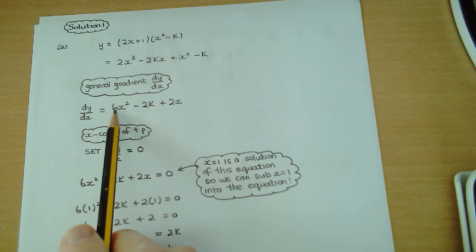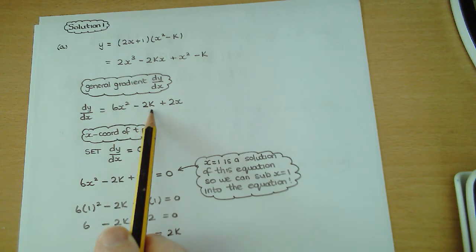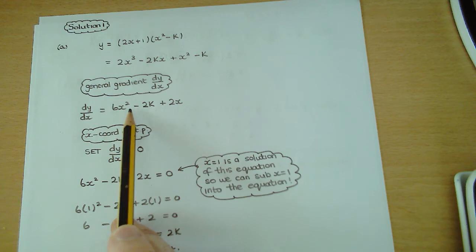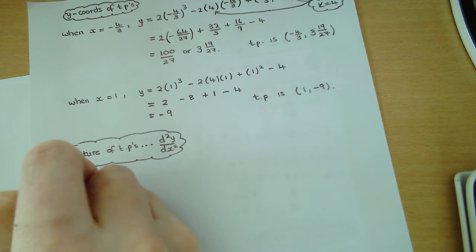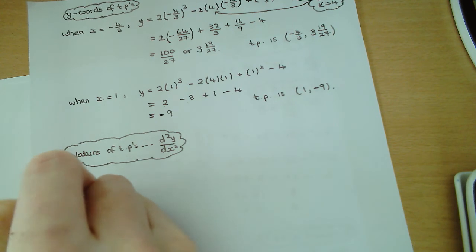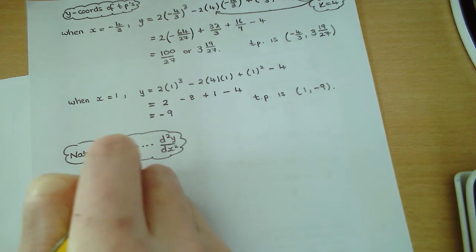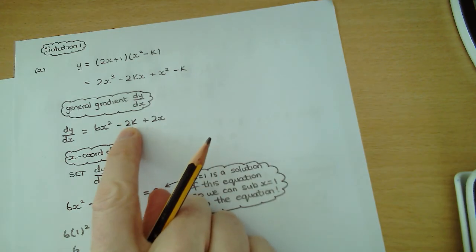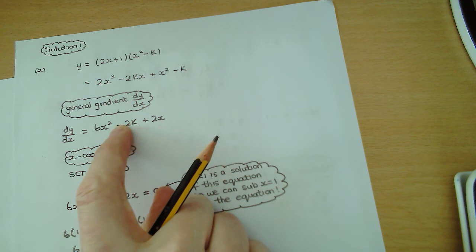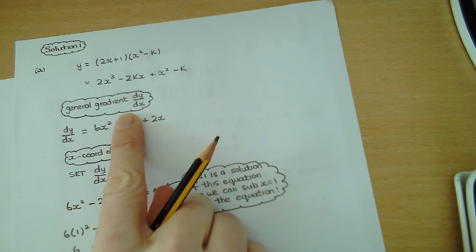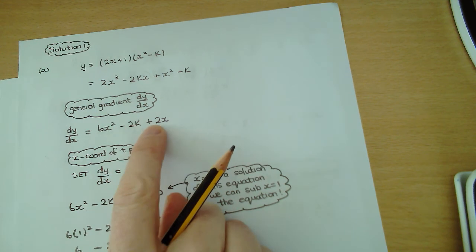If you remember, there was dy by dx with k in it, so differentiate the first term here, we're going to get 12x. Okay, and then flick back. Differentiate the second term. Now remember, k is just a constant, so minus 2k is a constant, so when you differentiate that, that just disappears, that's nothing. And then differentiate plus 2x, you're just going to be left with plus 2.